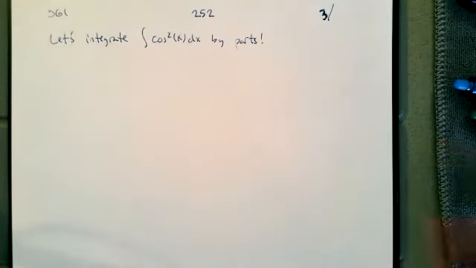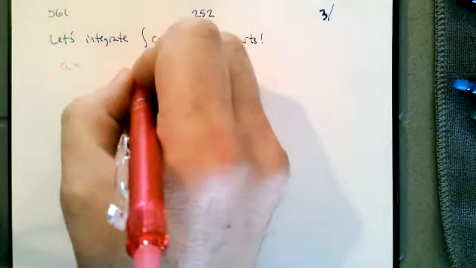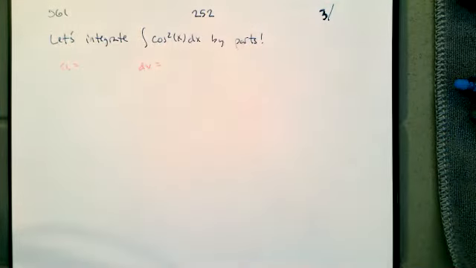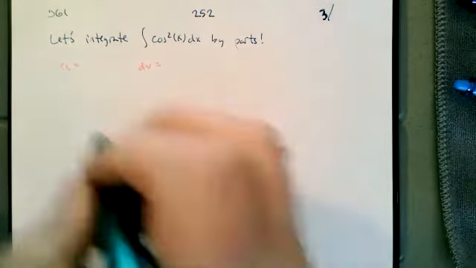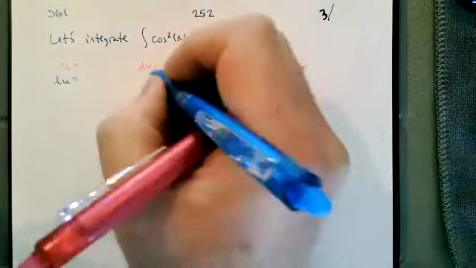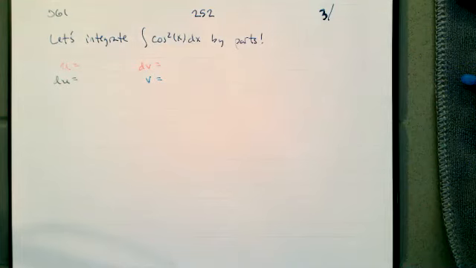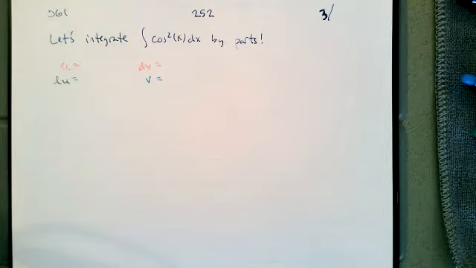That means we need to assign a u and a dv. Then we're going to calculate the du. And then we'll calculate v. And then we'll put things together in the parts formula. We have a few options that we can try.